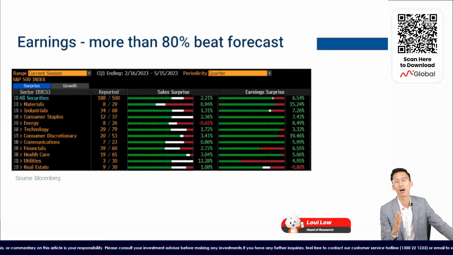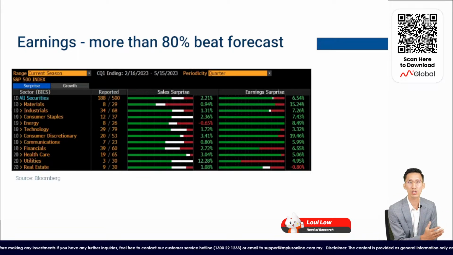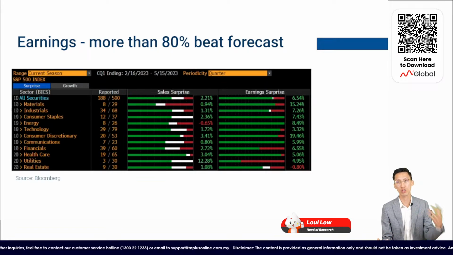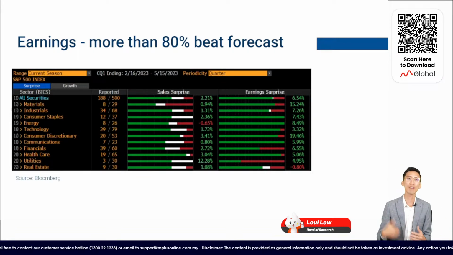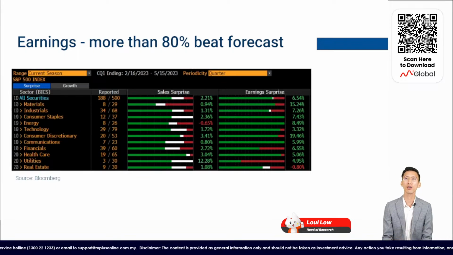Which means that if this quarter you are making $1 in terms of your earnings, next quarter you make sure that you make 1.1, 1.2, 1.5. Okay, I don't want those companies that last quarter made $1 and this quarter made 0.8, but because 0.8 is higher than the consensus number of 0.5, they beat consensus but are still lower than the previous quarter. So that is what I think investors have to take note of, this very systematic approach of things.